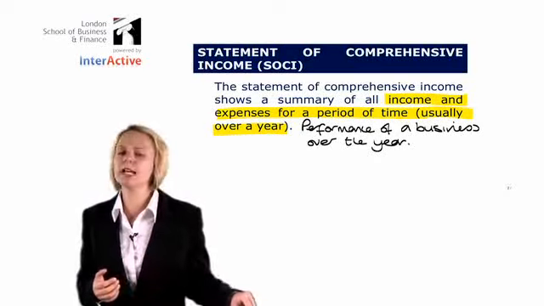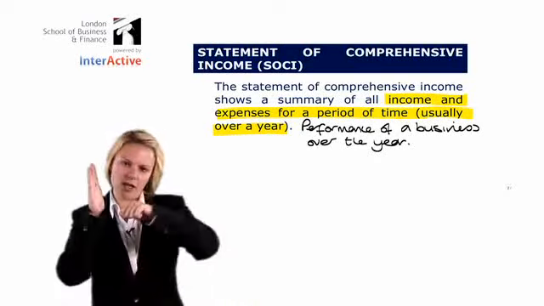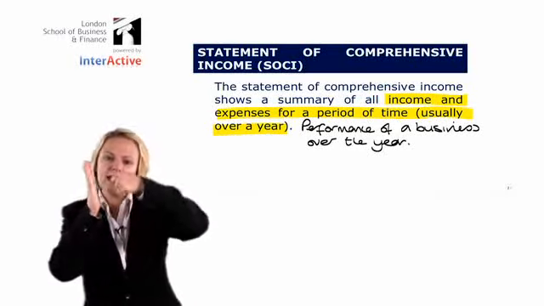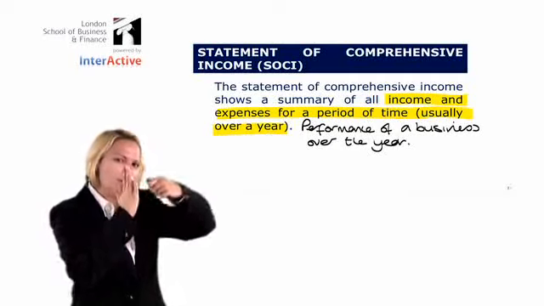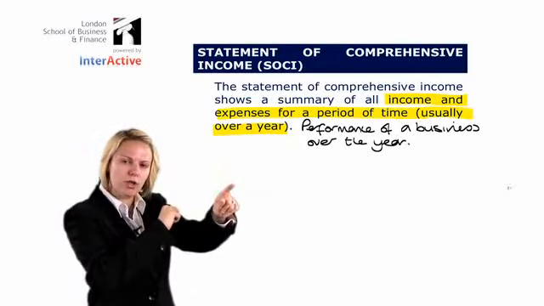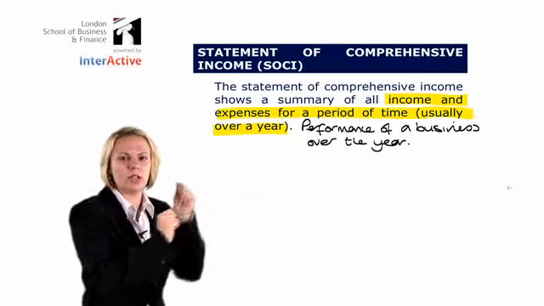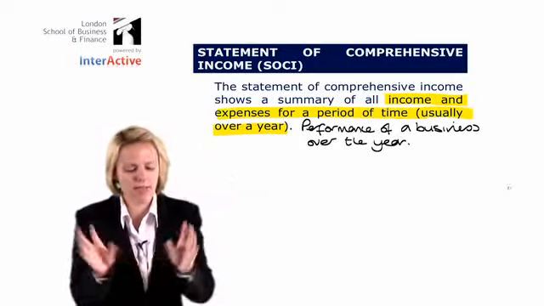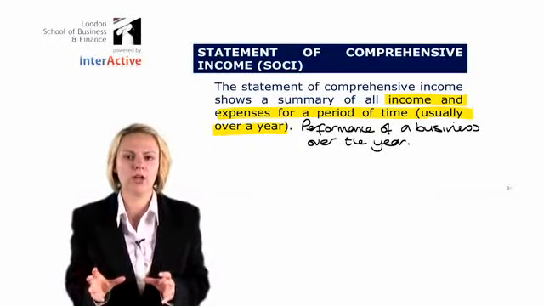I like to think of a Statement of Comprehensive Income as a video recording, like what you're watching now. We're going to record every income and expense that's happened during the year, and then at the end of the year, we're going to stop the recording, take the tape out, and summarise what has happened in that recording, and that will be the Statement of Comprehensive Income.